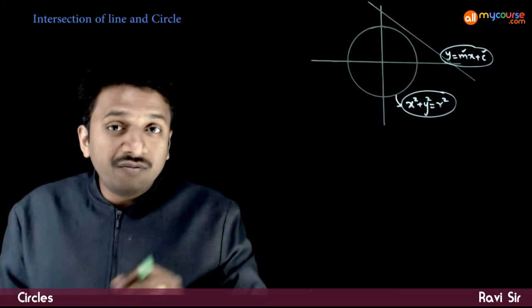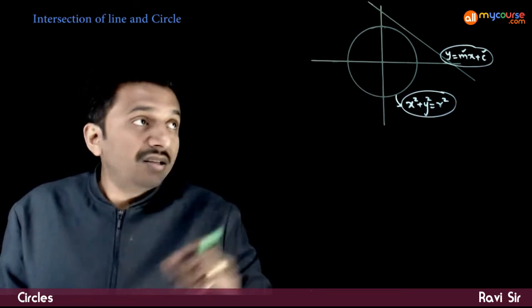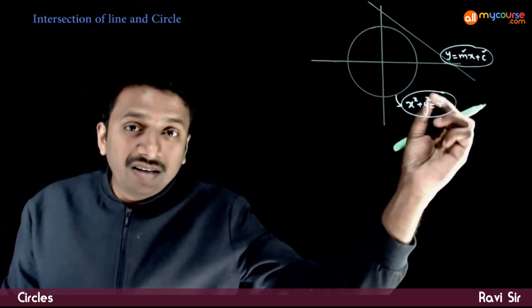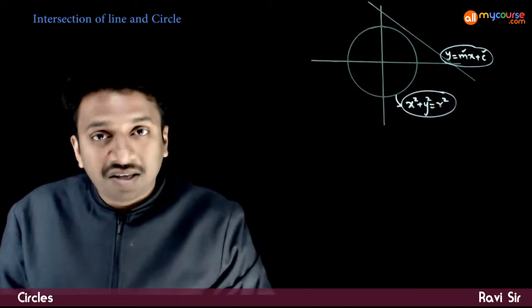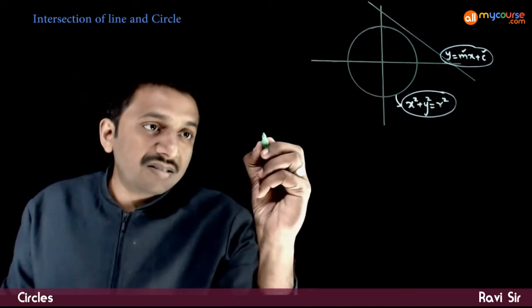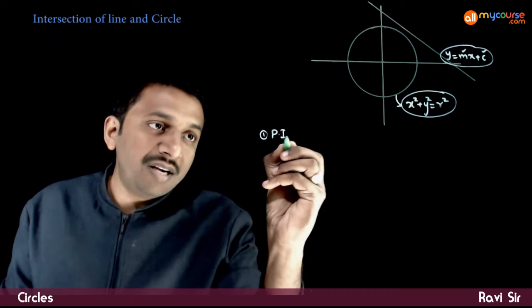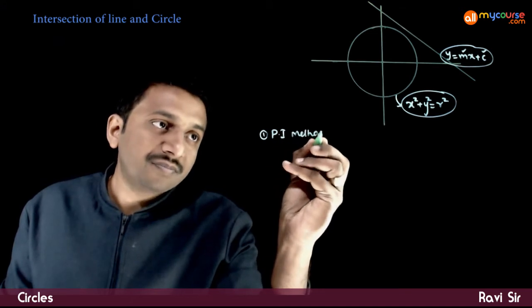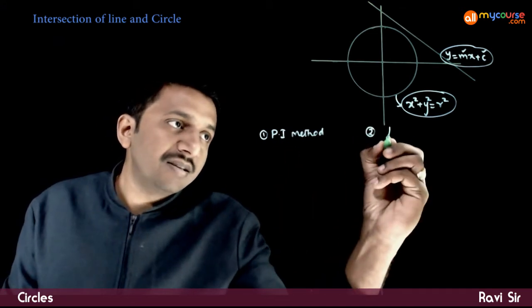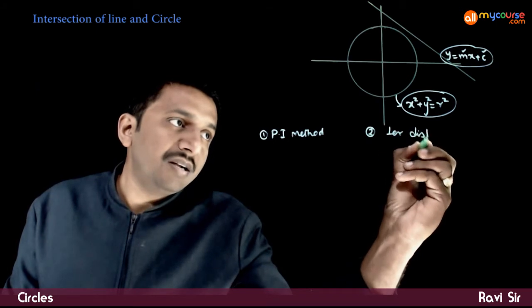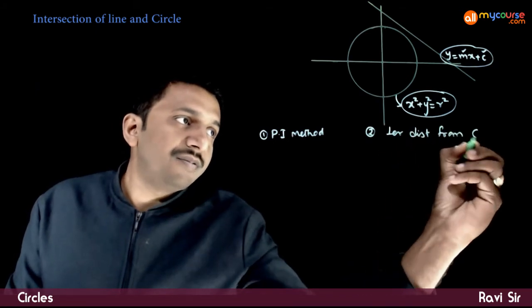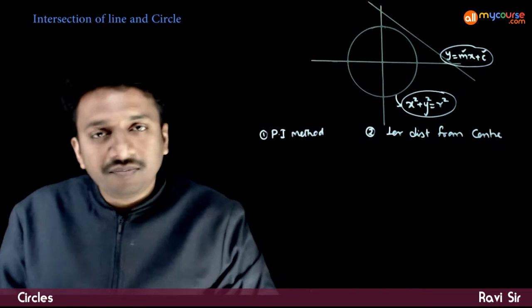Now, there are two different ways in which you can determine whether the line is tangent, secant, or the other case. The first is the point of intersection method, and the second is the perpendicular distance from center method.